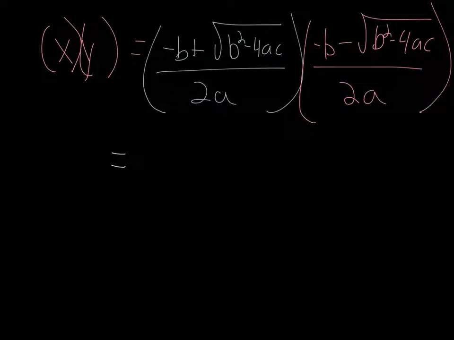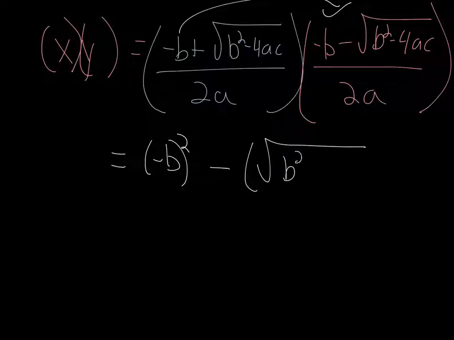Now if I were to multiply these, we're going to end up with negative b to the second power minus the square root of b squared minus 4ac to the second power.